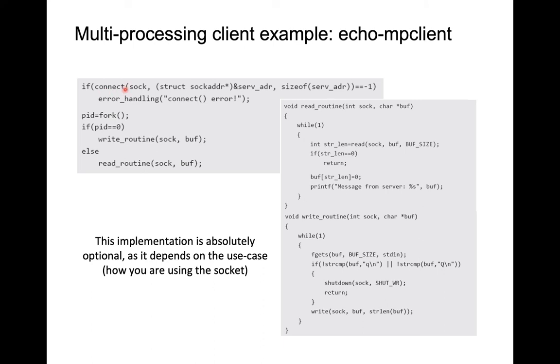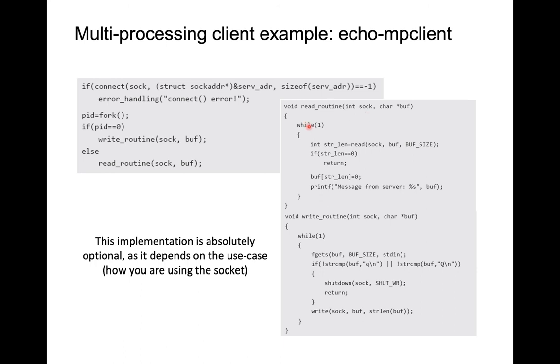Once you send the connection request, right at that moment you have to create another process. One process will be responsible for the writing and the other process will be responsible for the reading. In this case the child process is responsible for writing in the routine and the other one is responsible for reading.